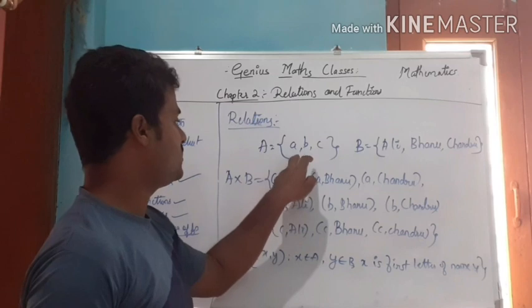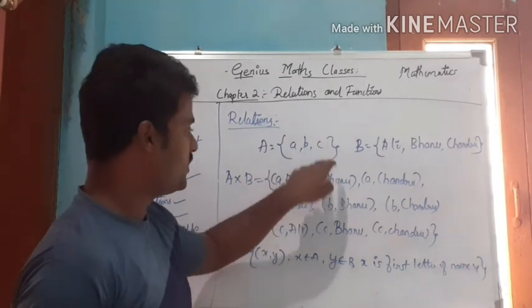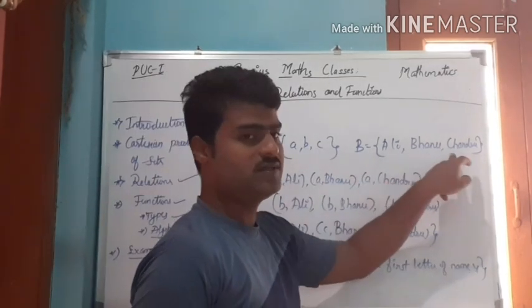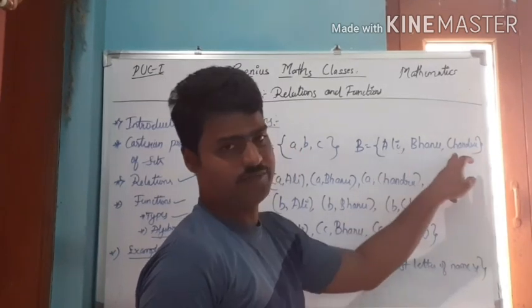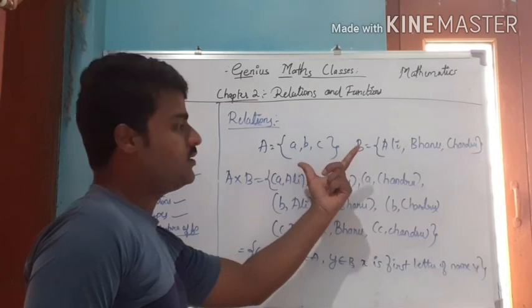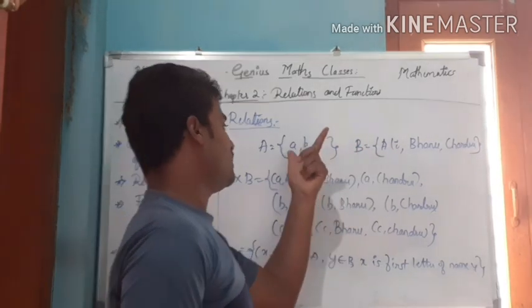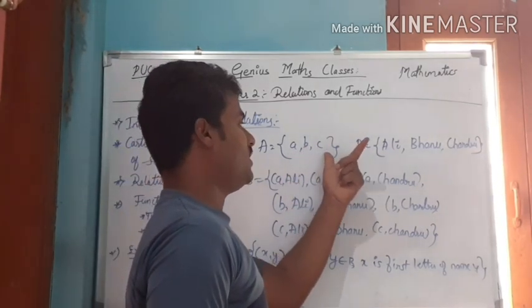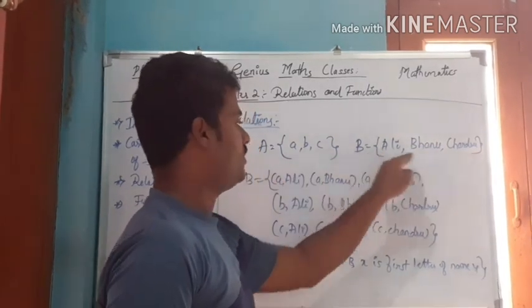So these letters A, B, C must be the first letter of the names in the other set. Which are the elements where these A, B, C are the first letter of these names?